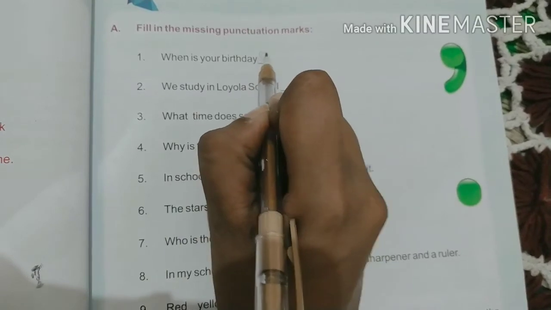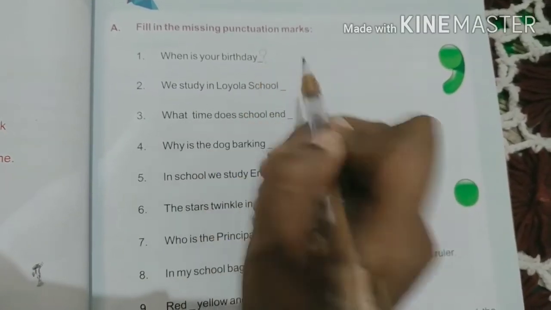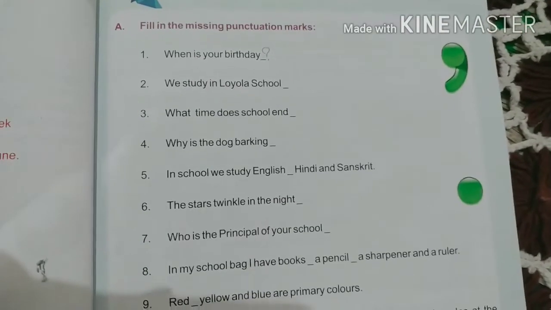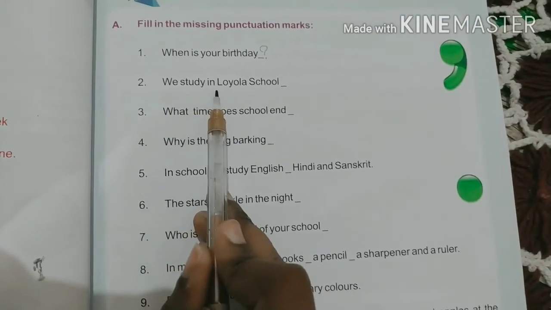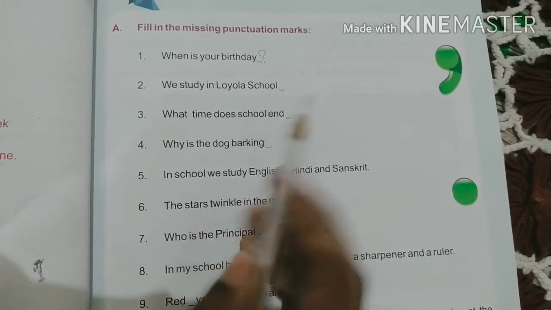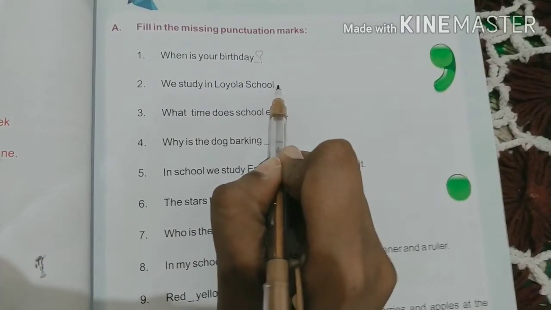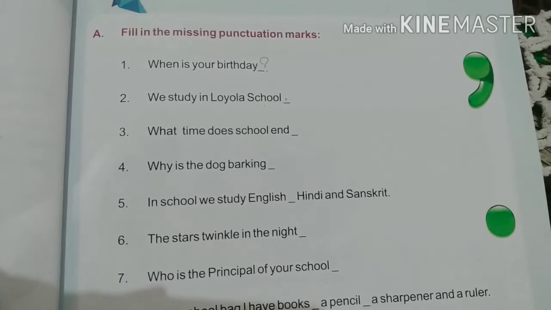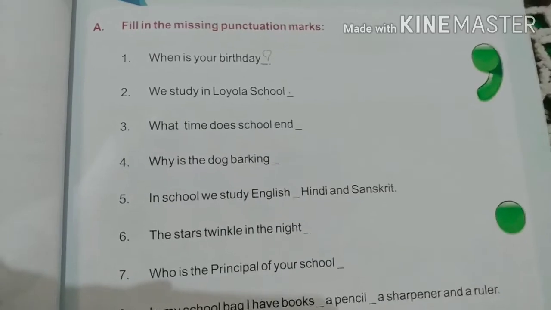It is directly asking a question, so we will put a question mark. Question number 2. We study in Loyola School. We have to put a full stop here. It is a complete sentence.